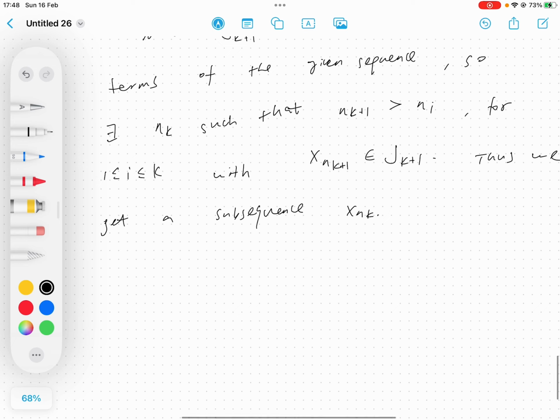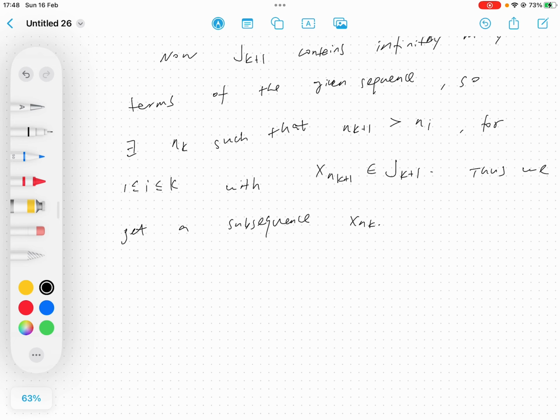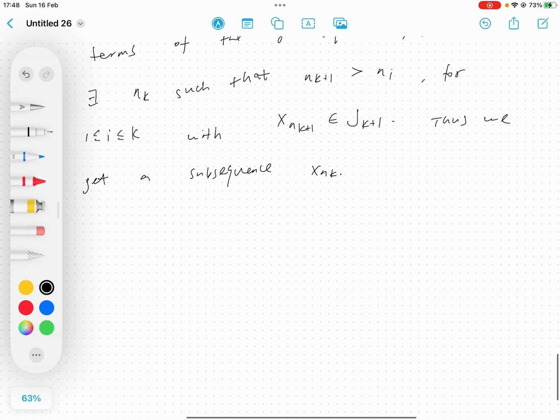So that's how we construct this subsequence. We just pick or collect all those points that we need, as we just mentioned here. This is just a formalization of how we are picking those points to form this subsequence.